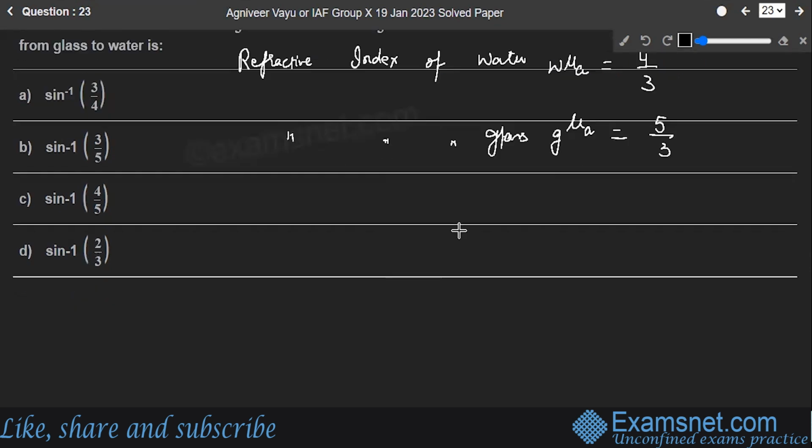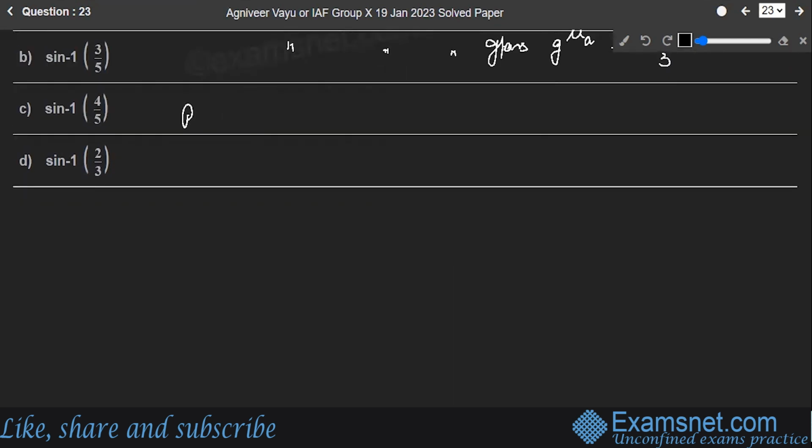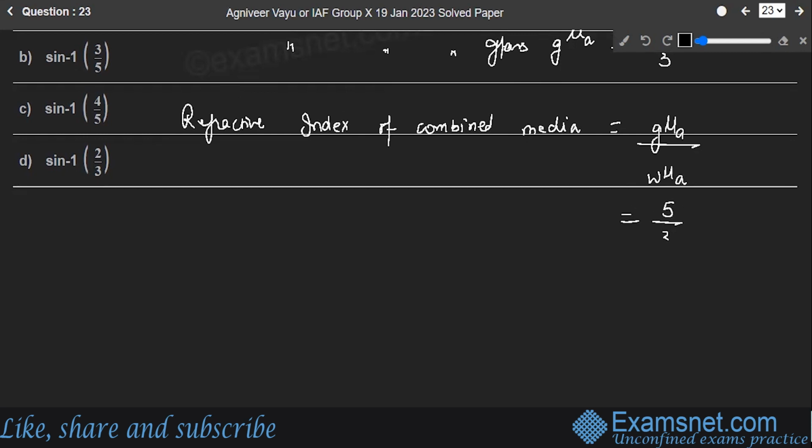Now the refractive index of the combined media is G mu A upon water mu A, which is equal to 5/3 into 3/4, which is equal to 5/4. So that means this mu is equal to 5/4.